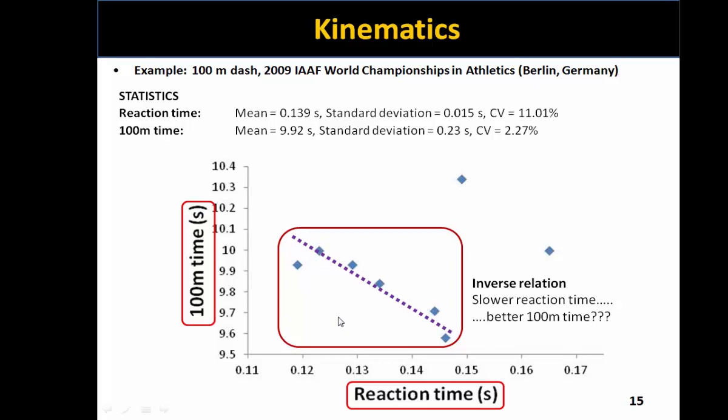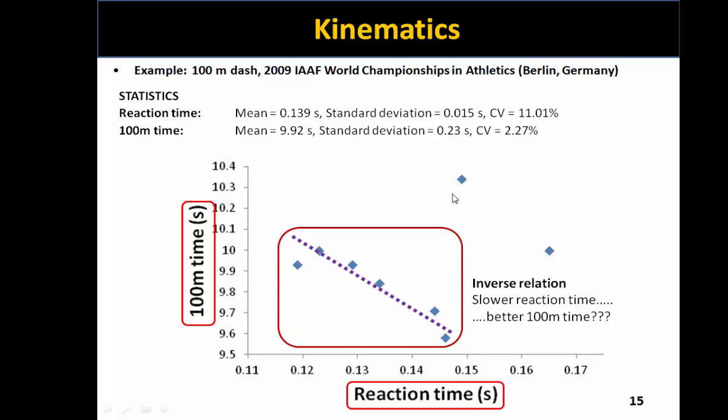So this is a conclusion that these data are telling us. However, from a training and 100-meter performance perspective, this seems counterintuitive, where the athletes that had the faster reaction times down here had worse performance.